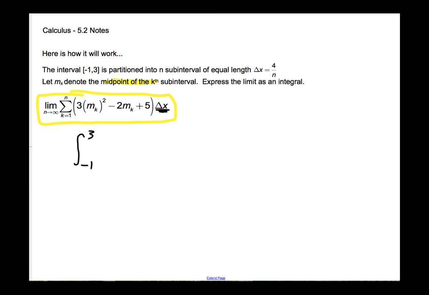And so the integral then is going to set up to be 3x squared minus 2x plus 5 dx. All right, so instead of making the delta, we'll just say dx. And that's all there is to it. That's how you show the integral of this particular function.